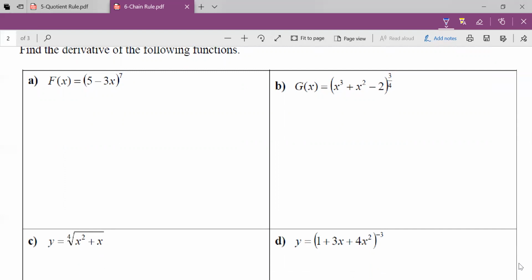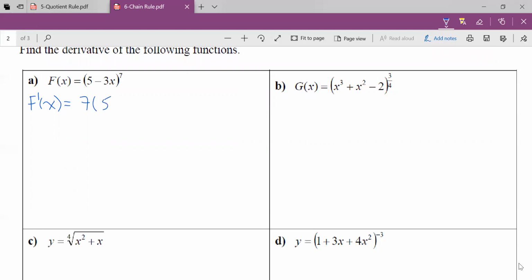So let's take the derivative of this. So it's a function composed with another function. Like there's really two functions here. So the inside function is 5 minus 3x. The outside function is really x to the exponent 7. So here we go. Capital F prime at x is equal to the outside.